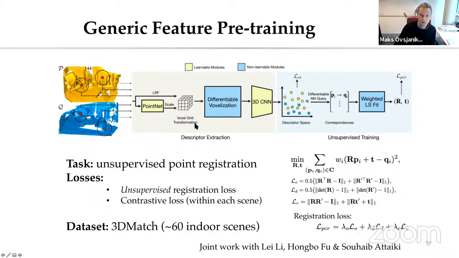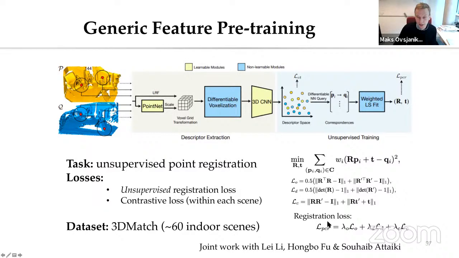So what we do is we use this dataset called 3DMatch, which has a whole bunch of indoor scenes. We have an unsupervised point registration task. What I'd like to do is have these scenes, compute some descriptors on the points of these scenes, and then align these scenes rigidly, right? And we have an unsupervised registration loss for rigid alignment. And then there's also a small contrastive loss, which is actually somewhat less important.